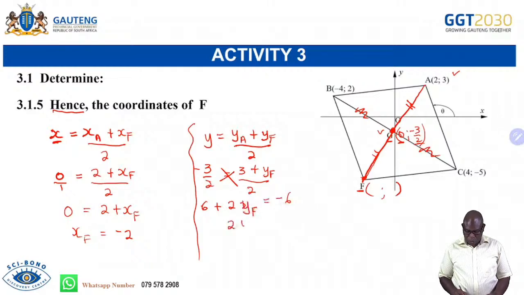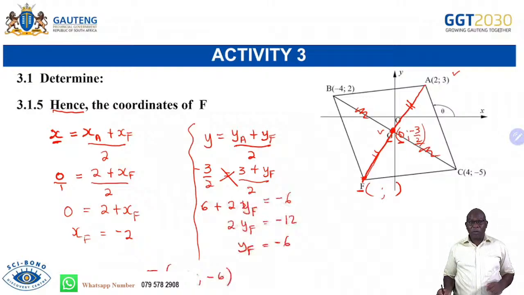So 2y at F equals, transposing the 6 to that side, negative 12. My y at F will be, dividing both sides by 2, negative 6. So the coordinates of F here will be negative 2 and negative 6.